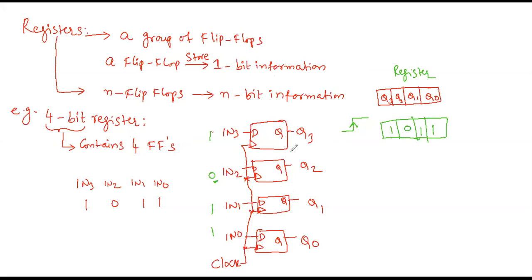Symbolically we represent the register with cells. A 4-bit register contains 4 cells, and in each cell 1 bit of information will be stored. This is about the register.